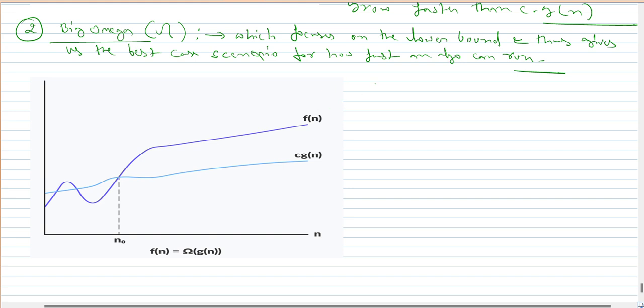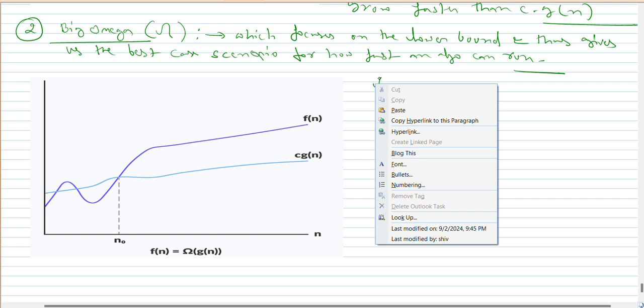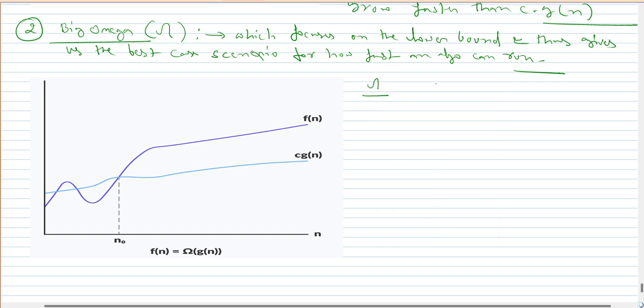We represent big omega using the expression f(n) is greater than or equal to c dot g(n). This means no matter how large our n gets, the function f(n) will always be greater than or equal to a constant multiple of some function g(n).